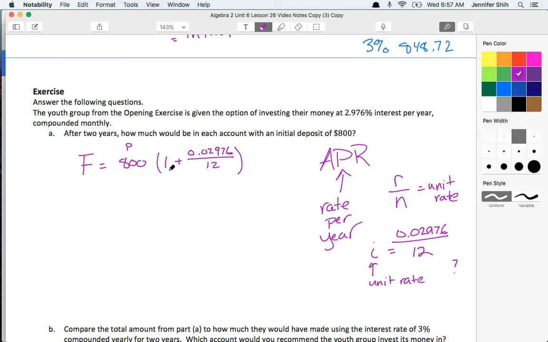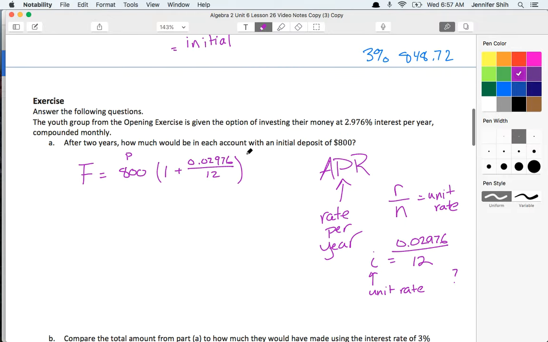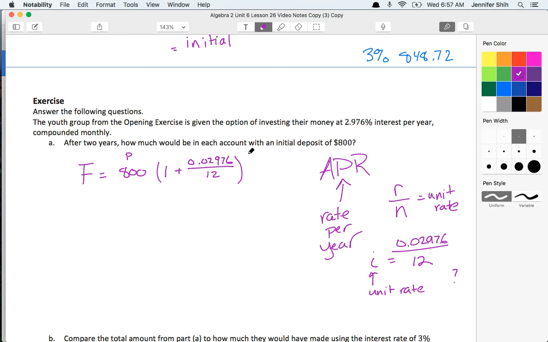Now, what term did I use? M? Maybe I should have used T. Instead of just M, we're going to plug in 2 for M. But we're not doing this 2 times. We're doing this monthly times over 2 years. So we have 12 times 2.